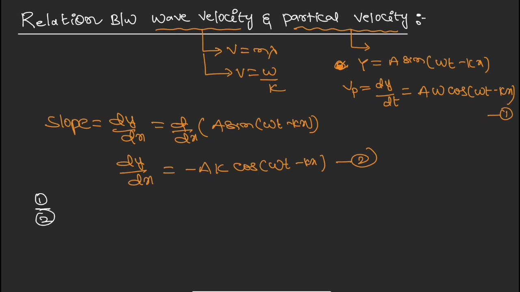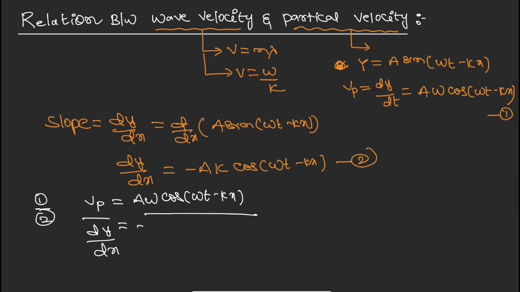1 is divided by 2. So 1 is Vp, equal to aω cos(ωt − kx), divided by dy by dx, the slope, which is −ak cos(ωt − kx). These two cancel, a and a cancel.